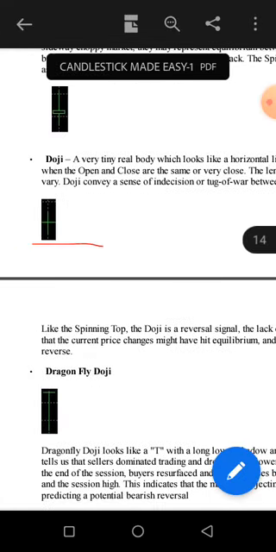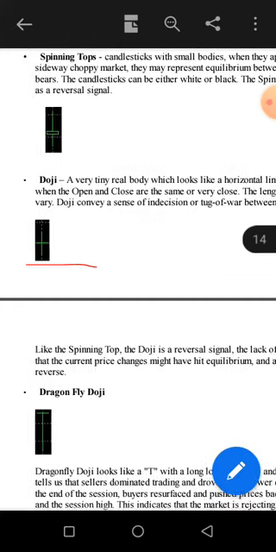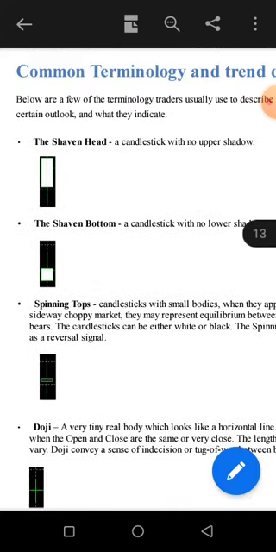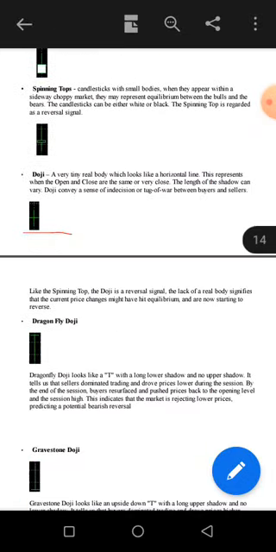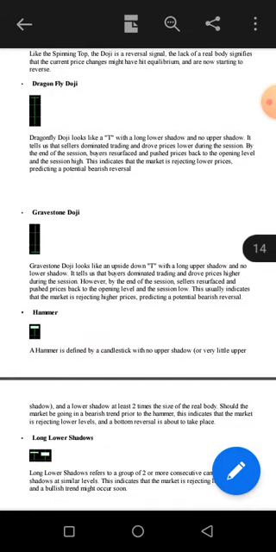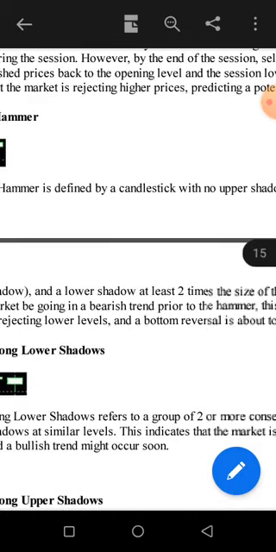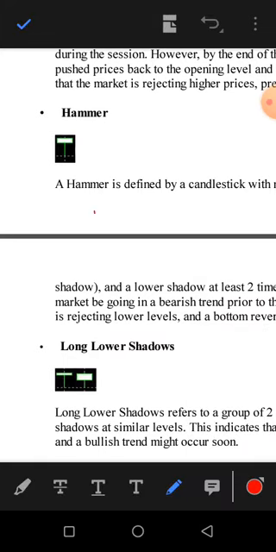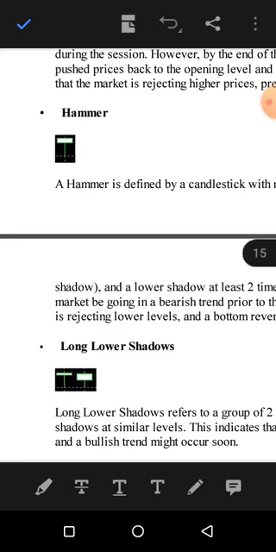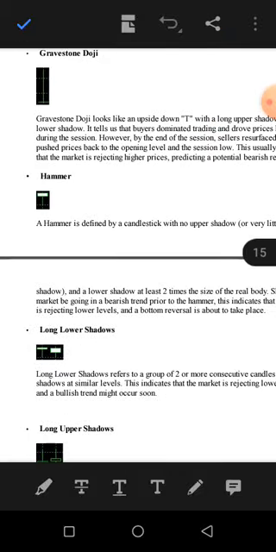So this is the first one that we looked at, but let me begin with the hammer. So we had the hammer somewhere. This is the hammer. Okay, so let us just read what is there in the book.